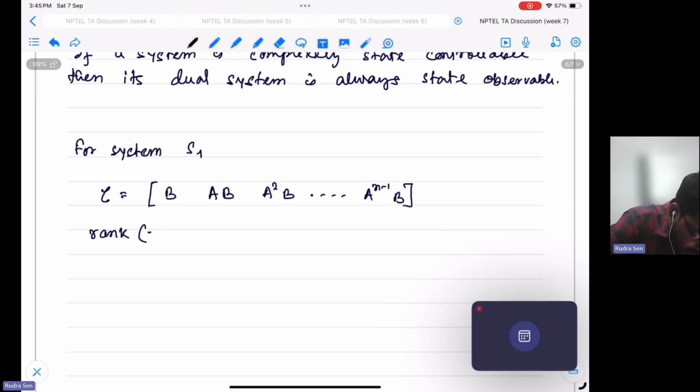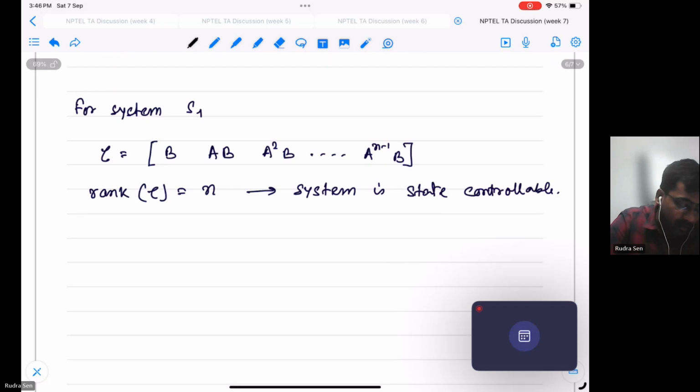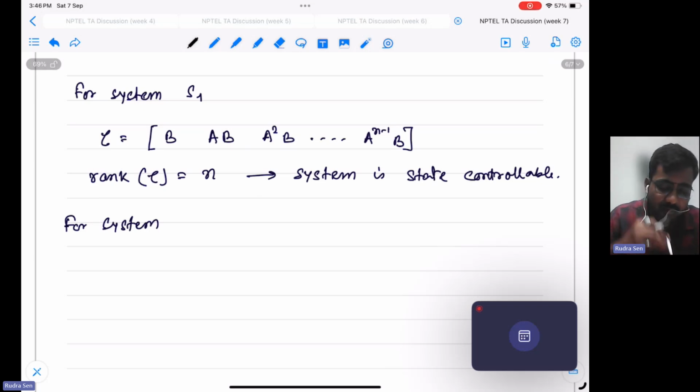And if the rank of C is full rank, then the system is state controllable, right? Now for the case of system 2, which I have said is the dual system of system 1.